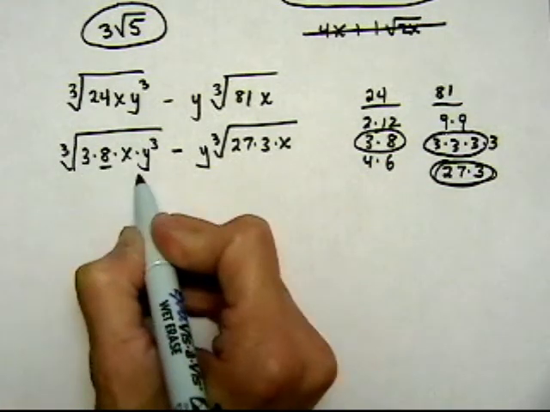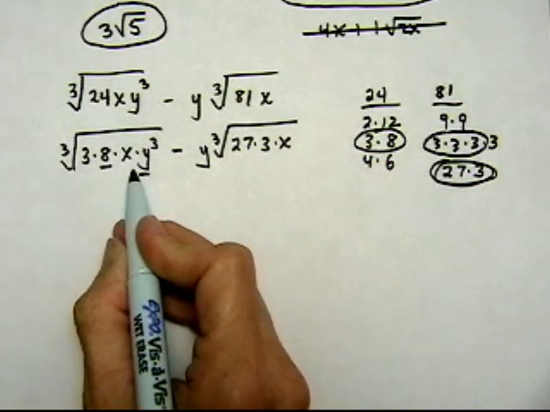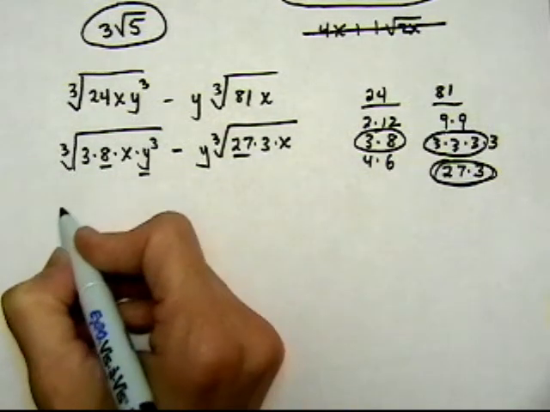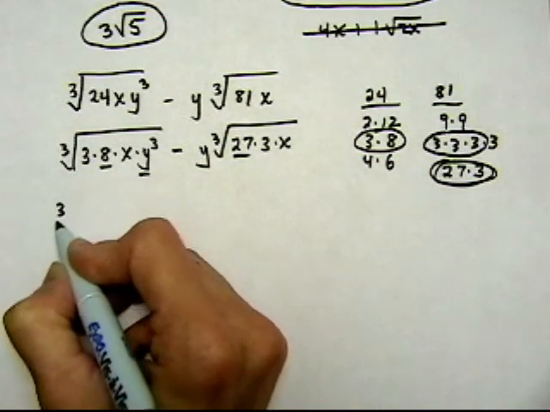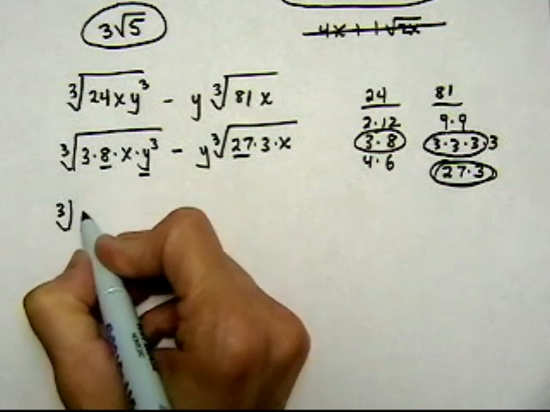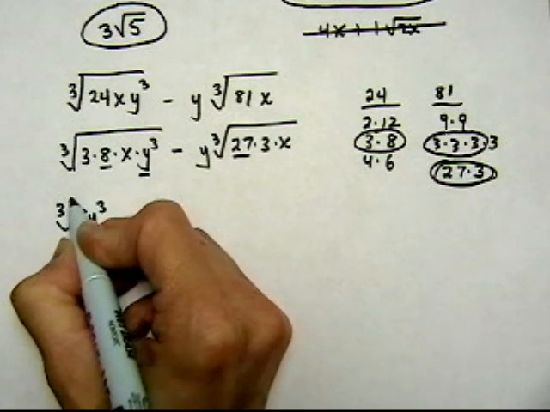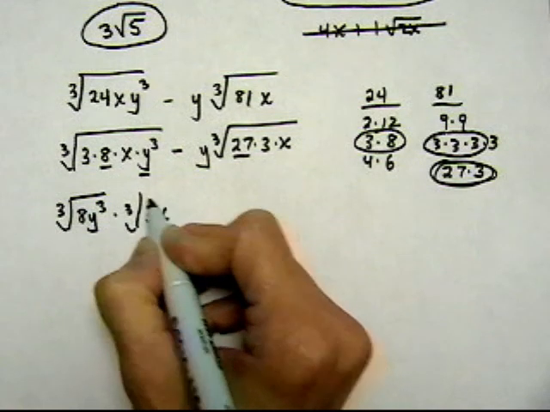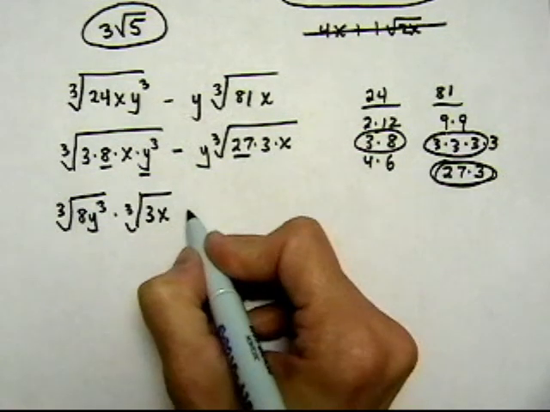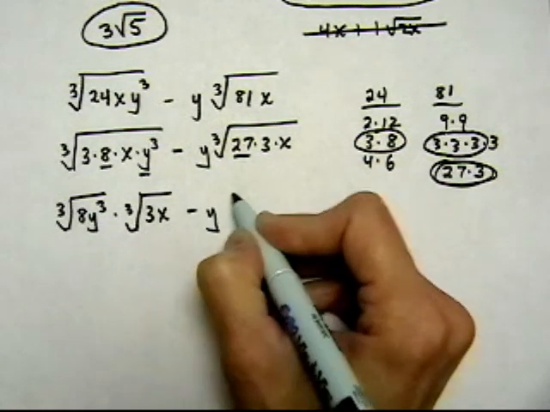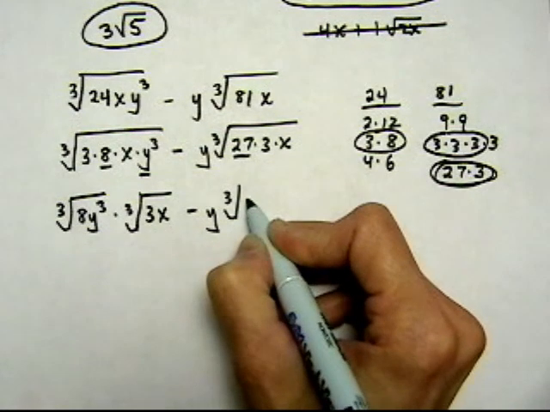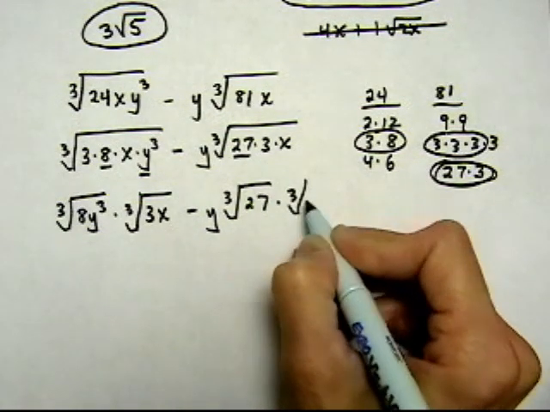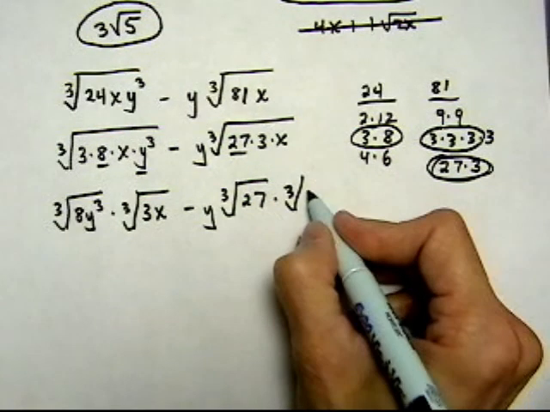And now we'll break it into perfect cubes and non-perfect cubes in both of these radicals. So for the first one we have cube root of 8y cubed for the perfect cubes times the non-perfect cubes are 3x, so cube root 3x, minus y times cube root, the perfect cube is 27, times cube root of the non-perfect, which is 3x.